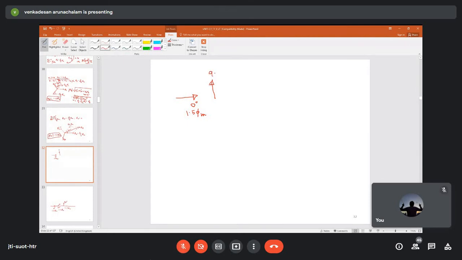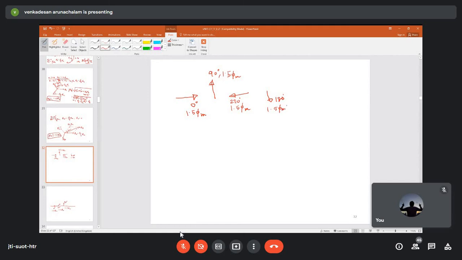This is for 90 degree. What is the magnitude? 1.5 times of phi m. For 270 degree, this is the direction. Am I right? This is for 270 degree. If you calculate the magnitude, you will get 1.5 times of phi m. For 180 degree, this will be the direction. If you calculate the magnitude, you will get 1.5 times of phi m.